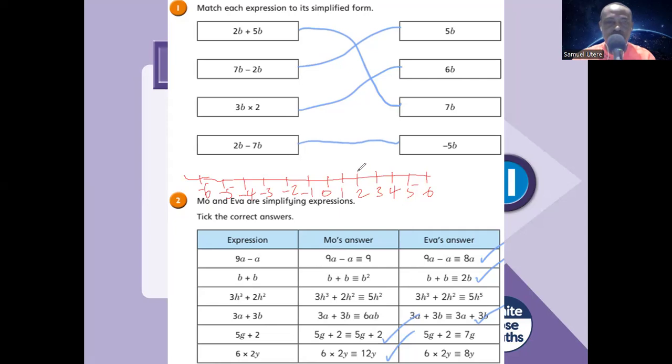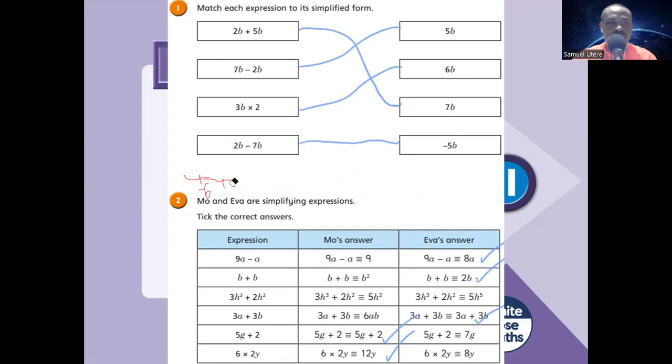So 2, we start at 2. Minus 7 means you do 7 steps to the left. So 1, 2, 3, 4, 5, 6, 7. See that? Negative 5. And then we'll just put b in front. Okay, so it's important you know how to work with negative numbers like this.